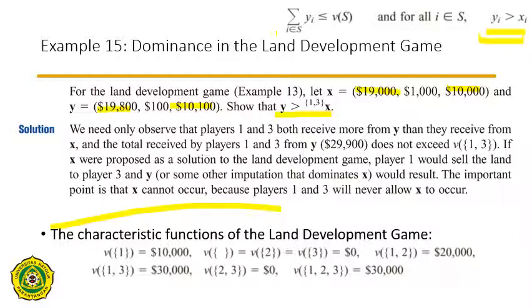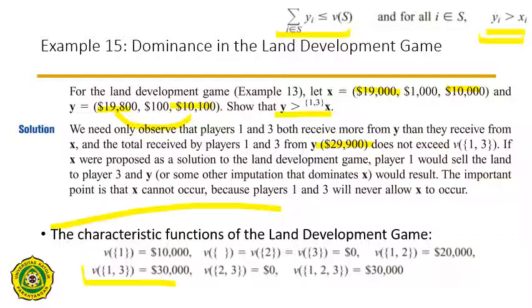Now check if the sum of the rewards offered to the players is less than or equal to the characteristic function of the coalition. So y1 plus y3 equals 29,900. It does not exceed v13.